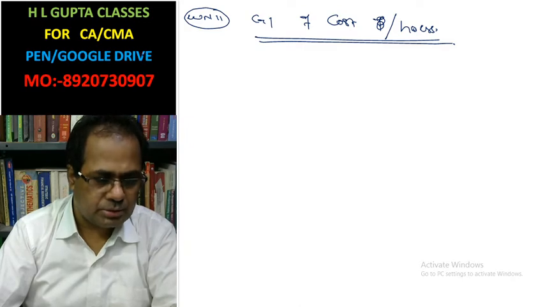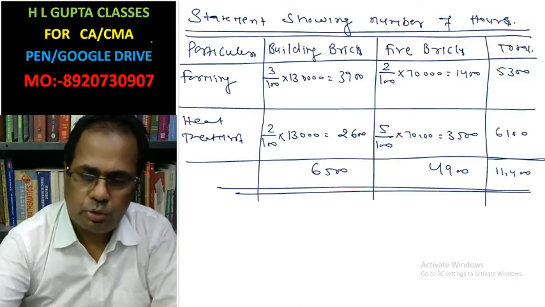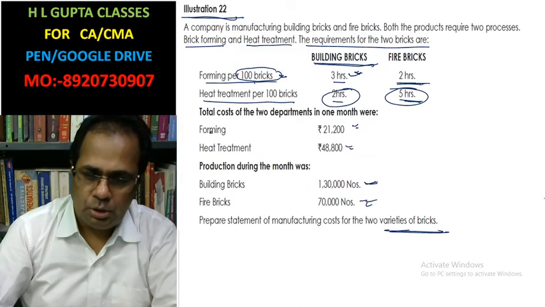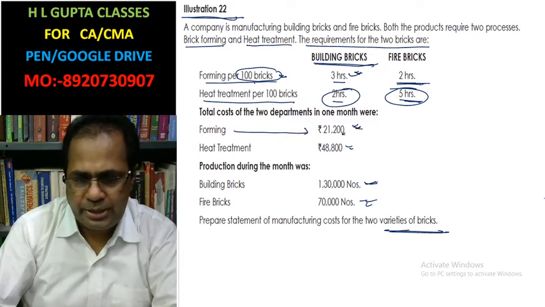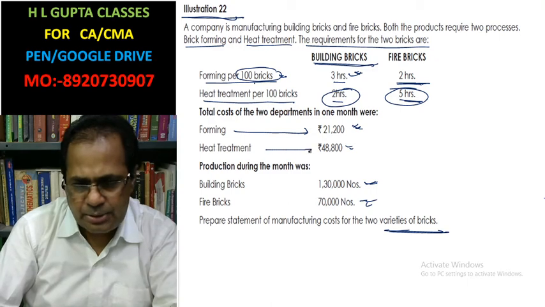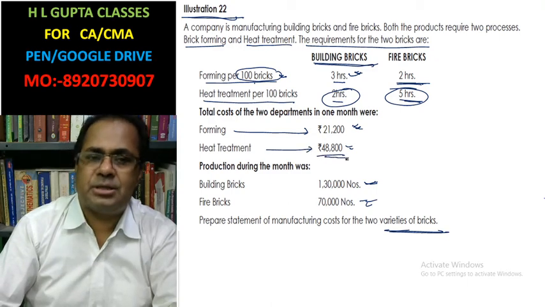Forming and heat treatment. Look at it. Forming cost is given, total 21,200. Heat treatment total cost is given, 48,800.